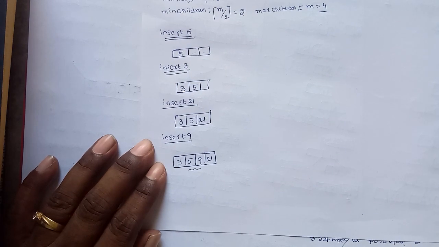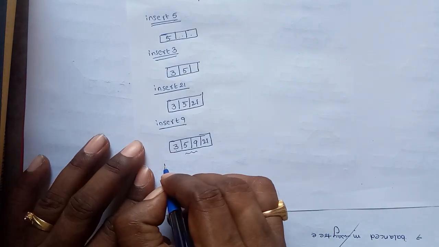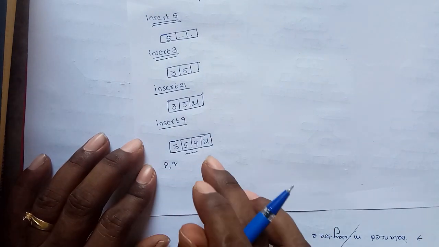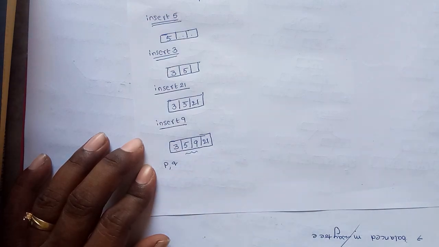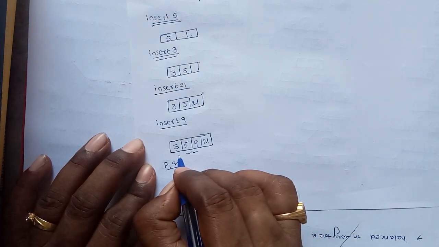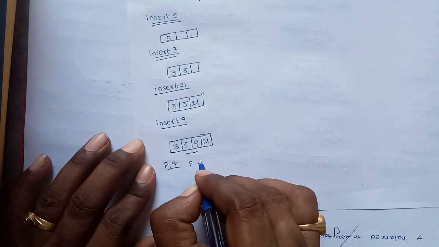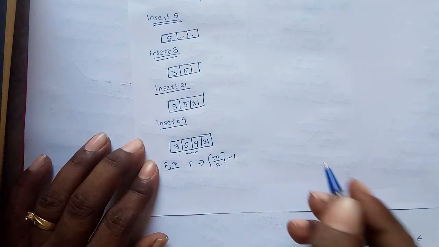In the insertion, we already discussed that. Suppose P and Q, we are dividing the node into 2 parts, P and Q. Suppose P is the left one, Q is the right one. P has m by 2 minus 1 keys.